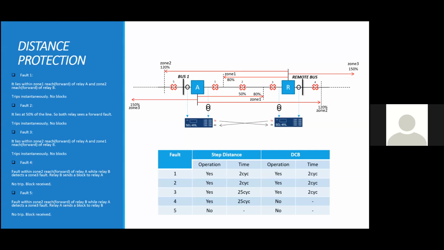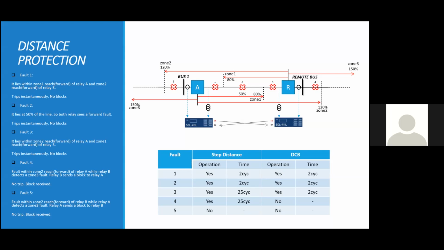So in this slide, I have 5 different fault locations, and we can go over each of those faults one by one. So the first fault is near. Let us consider the breaker A is a local breaker, and the breaker R is a remote breaker of the transmission line.